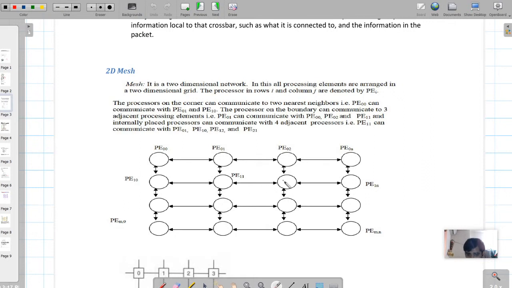Say you have a particular processor in this structure, say this one. Can you find out in generalized terms with which other processors a particular processor can communicate? Just give it some thought and try to figure out the result.